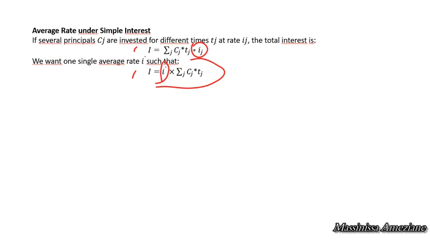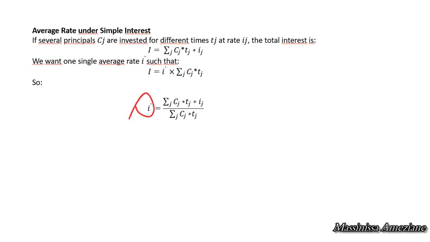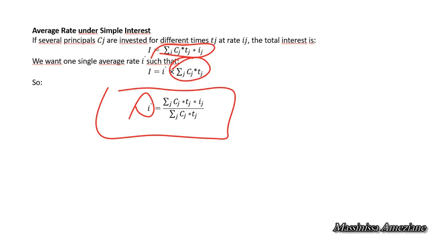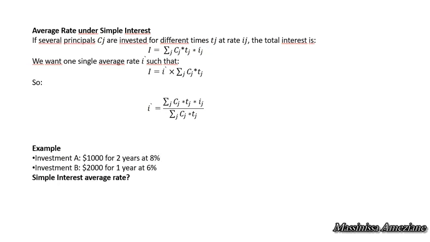If we equalize this equals this, we get the average: this one equals all this divided by all this, and that's the formula for the average simple interest rate. With an example it will be clearer.